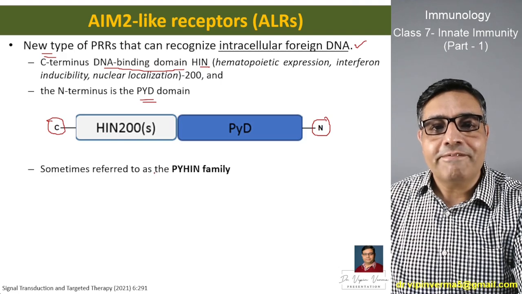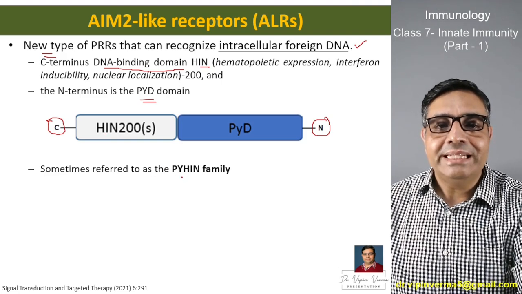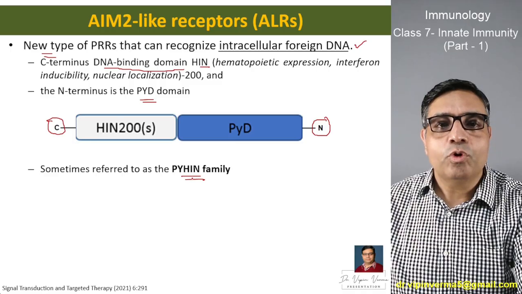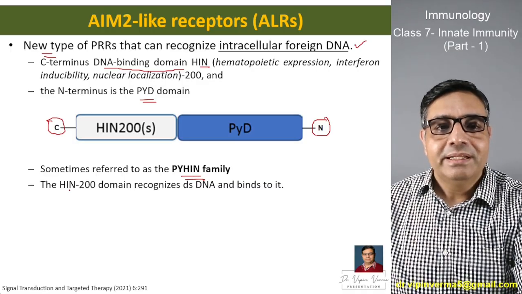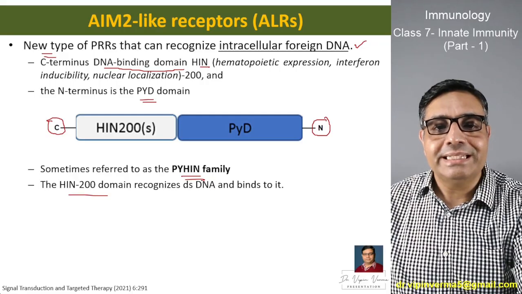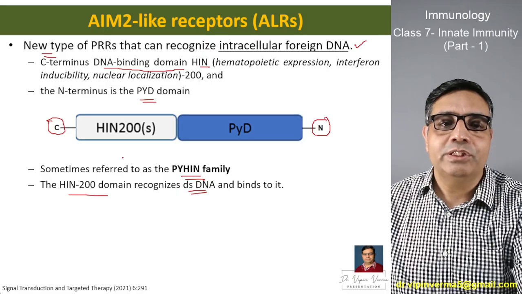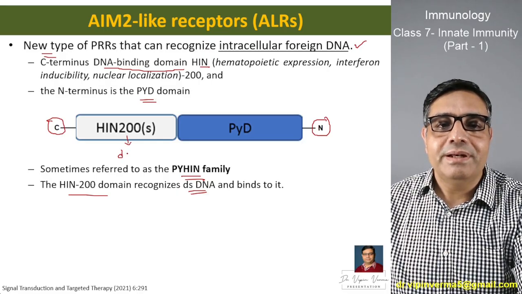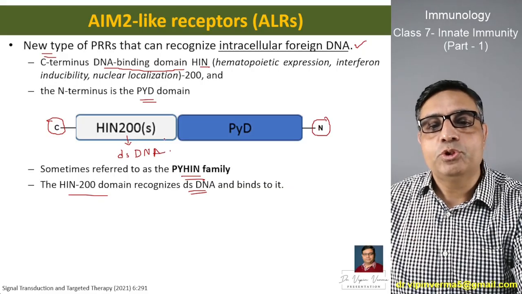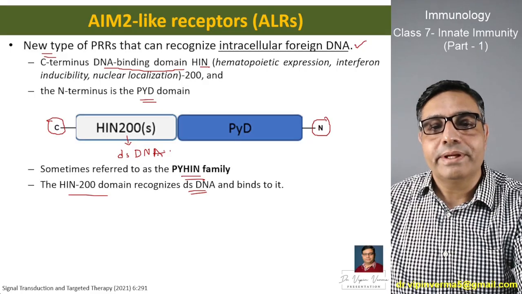Sometimes it is referred to as the PYHIN family. We also call it the PYHIN family. The HIN 200 domain recognizes double-stranded DNA and binds to it. So the main function of this HIN 200 domain is to recognize double-stranded DNA and then bind to it. Okay.